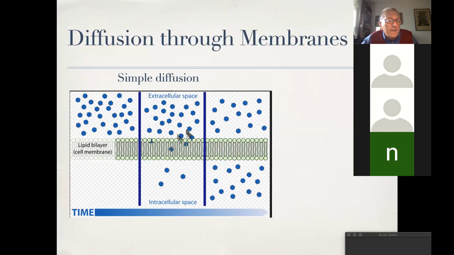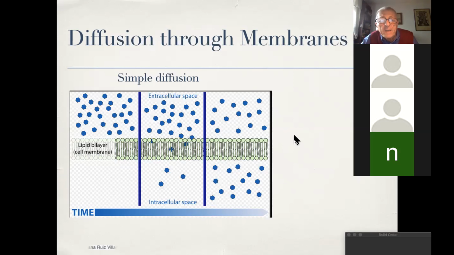So after a while, some of those particles will find their way, pushing around the other particles, down there, and into the intracellular space, and eventually we have a concentration of the blue particles on both sides of the dividing membrane.